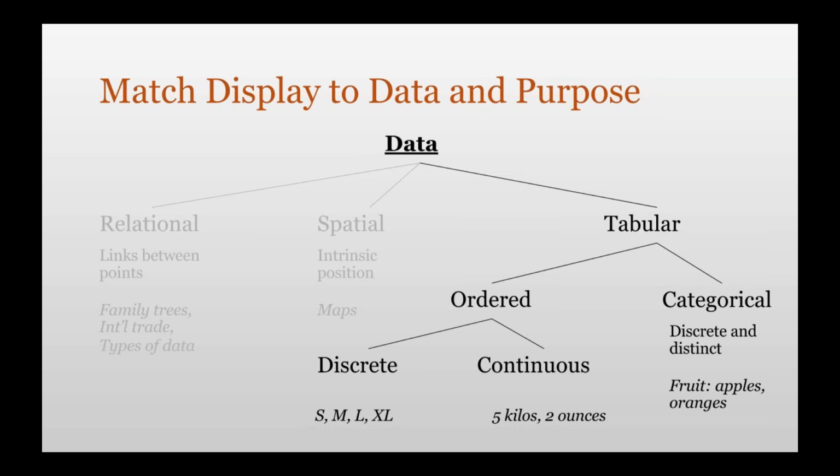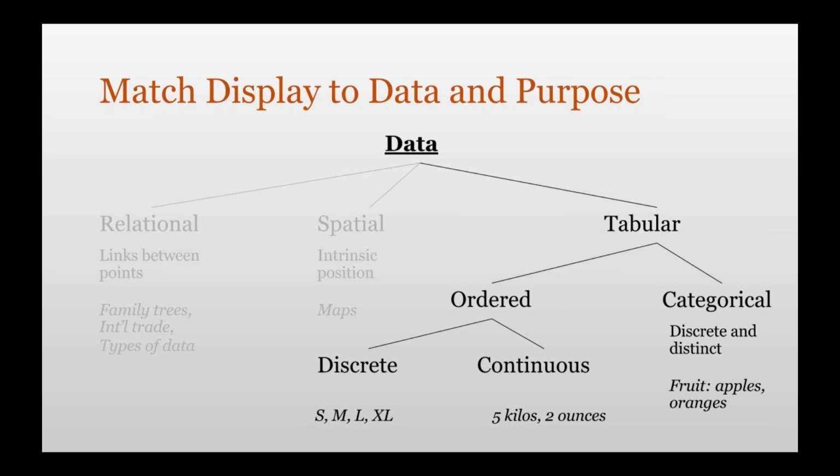So here you can see fruit, apples, oranges, strawberries. It's more about classes of things, and then discrete and continuous are both lumped under order. Discrete is a bit more comparable to categorical, in that it's non-numeric.